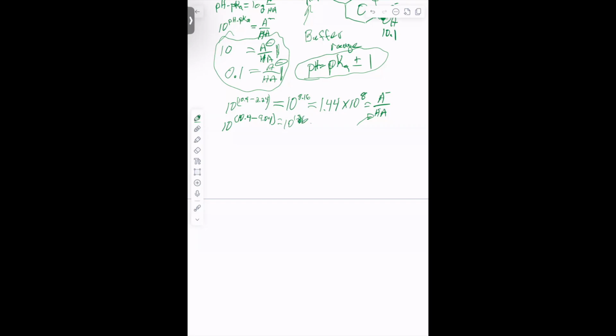Okay, 10 to the 1.36, and then if we take that, that becomes 22.9 is the ratio, which is A minus. I'm having trouble writing. Too much coffee this morning already.